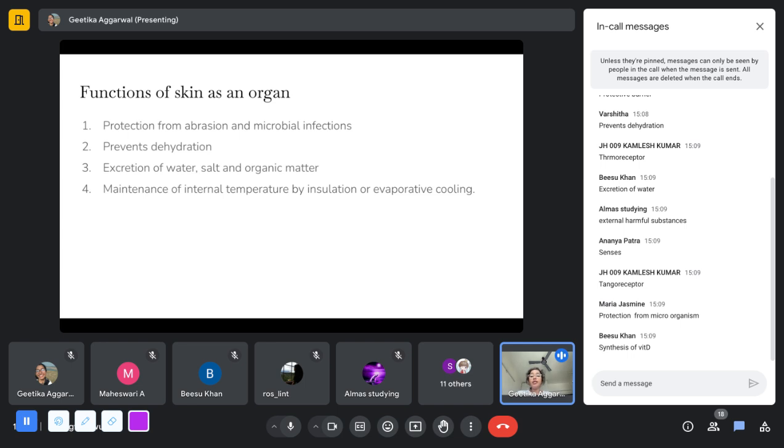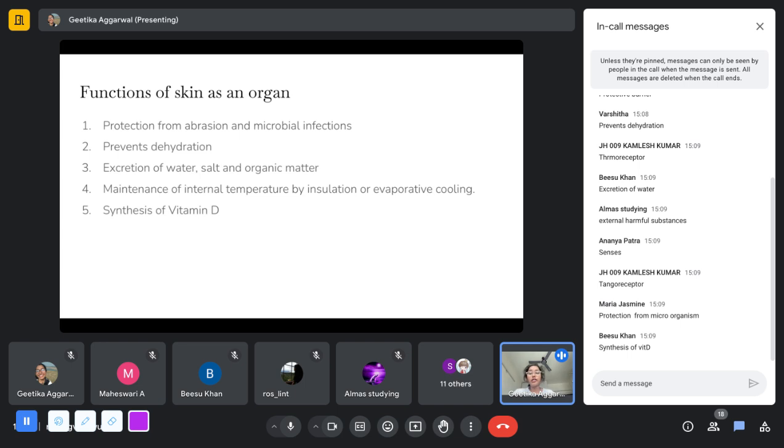It allows the maintenance of internal temperature, as some of you were saying, by different mechanisms like insulation when the temperature is cold outside, or evaporative cooling when it's hot outside and we need to lose some of the water so that it evaporates and we can maintain a cool internal temperature.